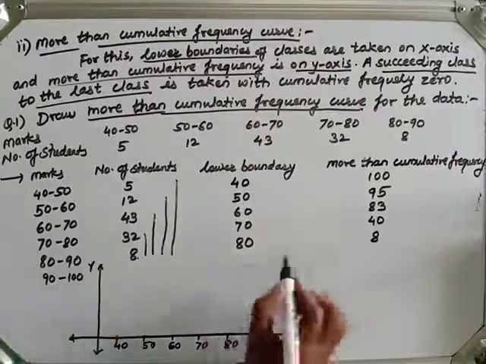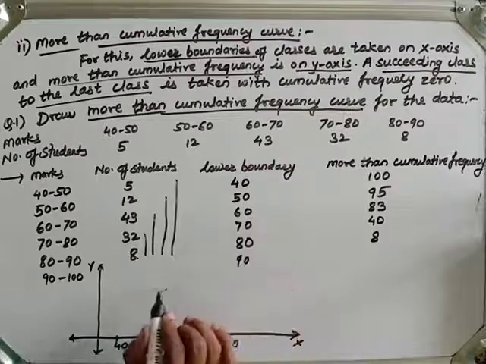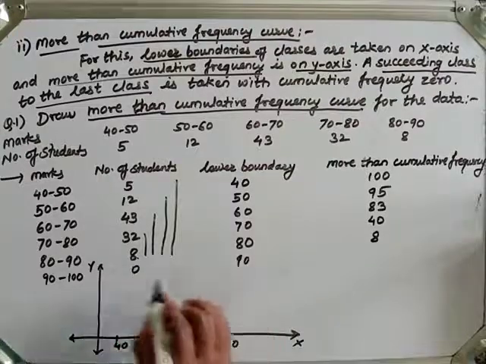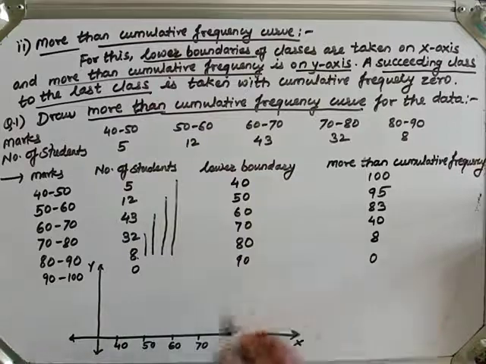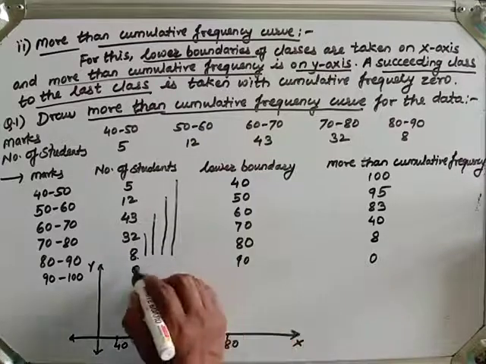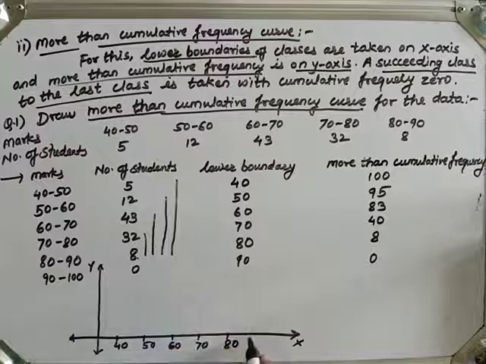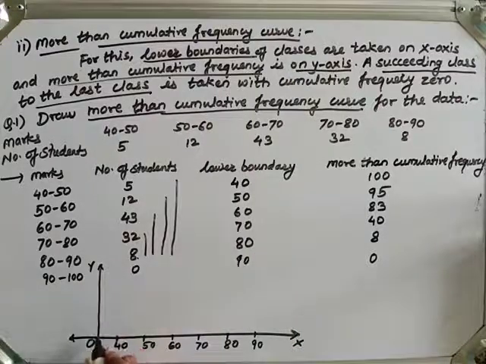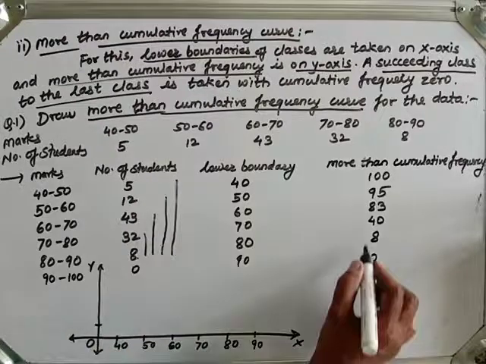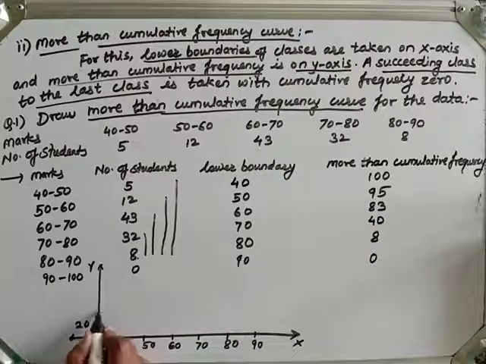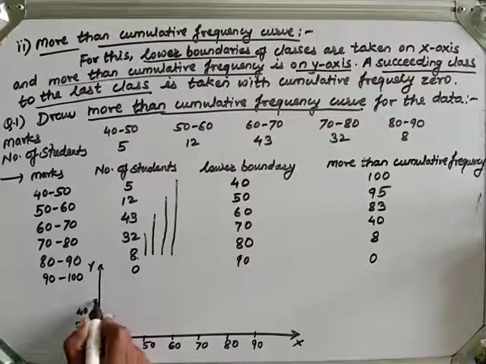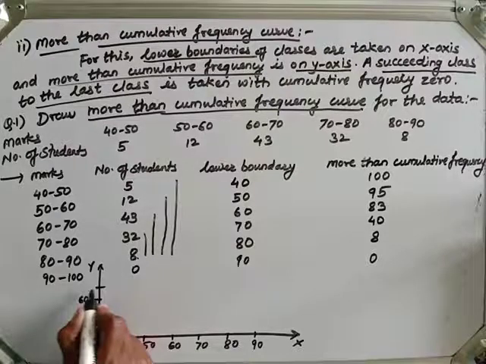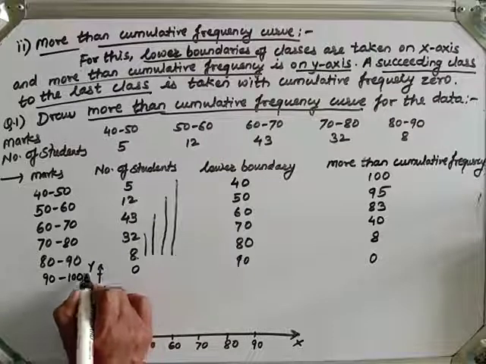So it will be 90 to 100 having lower boundary 90 with frequency 0. So here also we get 0. So 0 plus 8 is again 8, so it is satisfied. So here it will be 90 having cumulative frequency 0 we are considering. Again let me take one unit as 20 for frequencies: 20, 40, 60, 80 and 100.